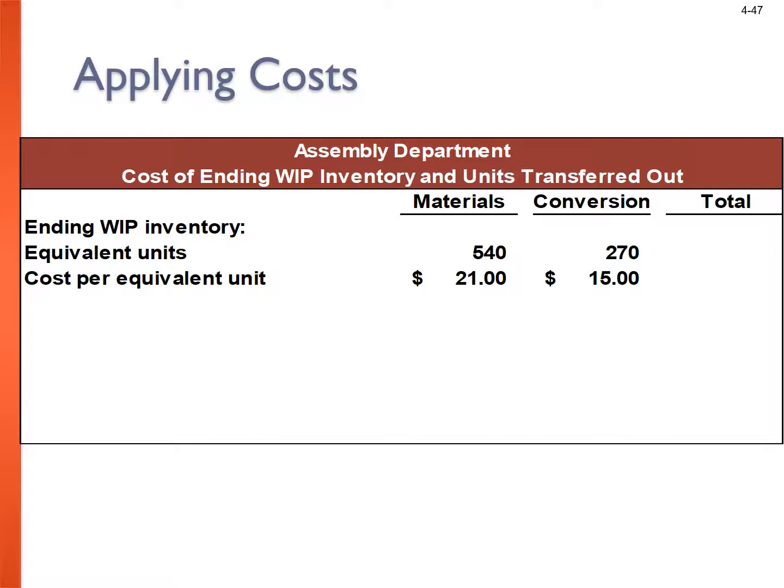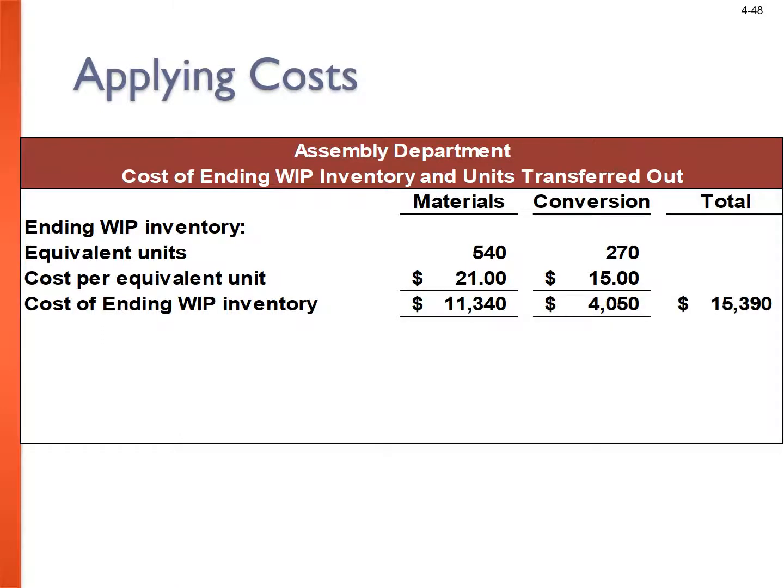Materials and conversion have their own separate. So the cost of ending work in process inventory for the assembly department at the end of the time period we're looking at will be the material amount plus the conversion amount added together. And that represents the units that are there that are being worked on, how much they cost so far with regards to materials and conversion costs.